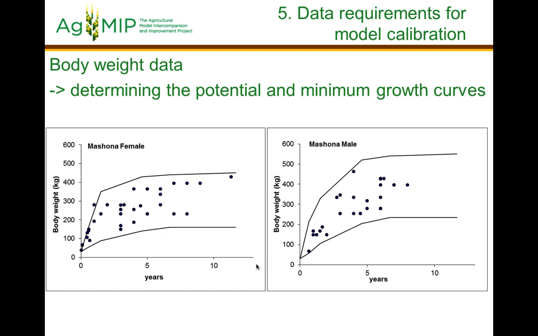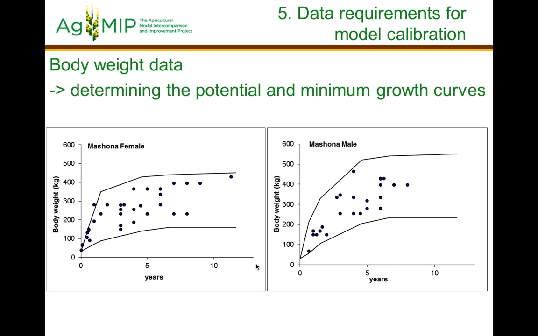Well, so yeah, that's a very relevant question, and we've had a lot of questions also on whether LivSim can be used for small ruminants like sheep and goats. So far LivSim has been parameterized, tested, used only really for cattle, for cows.